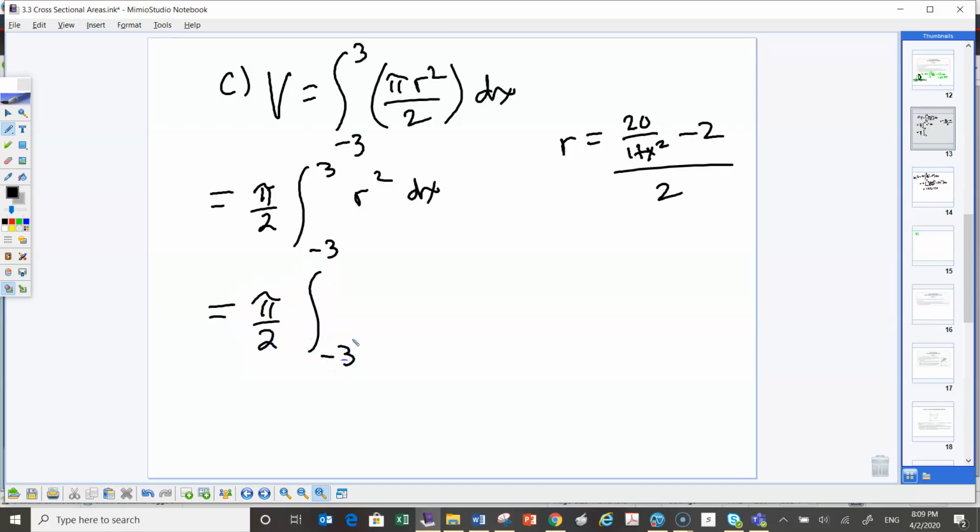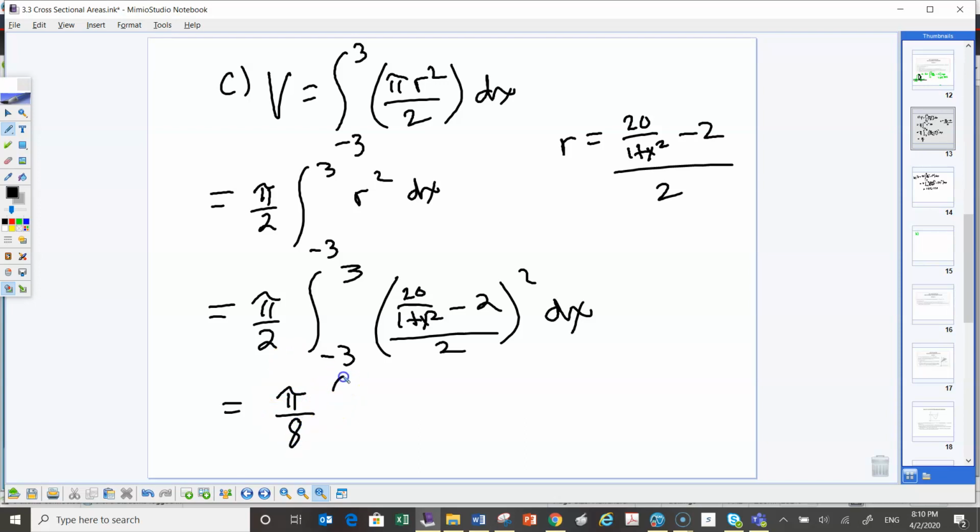So this is going to be -3 to 3 of 20 over 1 plus x squared minus 2 all over 2 all squared. Well, cleaning this up, if I square the bottom here, I get 4, and I can bring that out like I did before, and that becomes pi over 8.